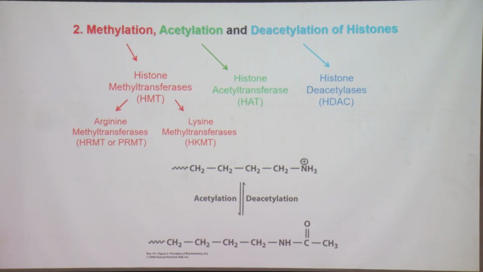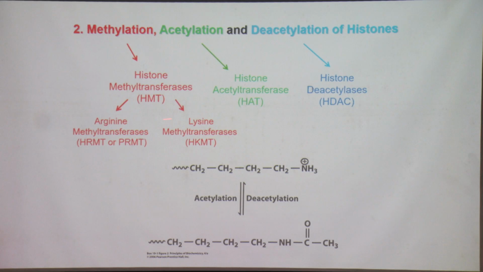So I'm just telling you the most common modifications. So there is methylation, there is acetylation, and deacetylation. So remember, there are histone proteins, and DNA is wrapped around them. The most common change in DNA is methylation.